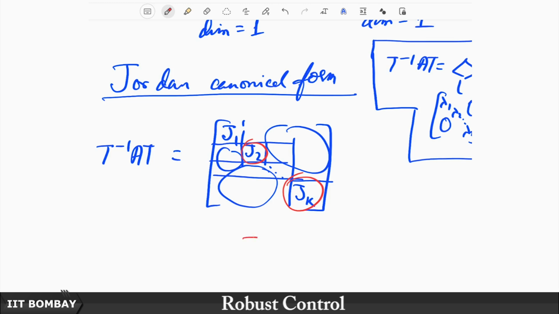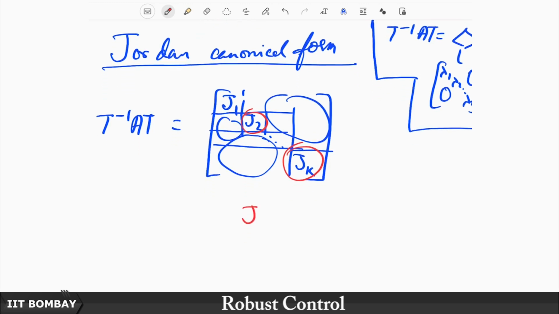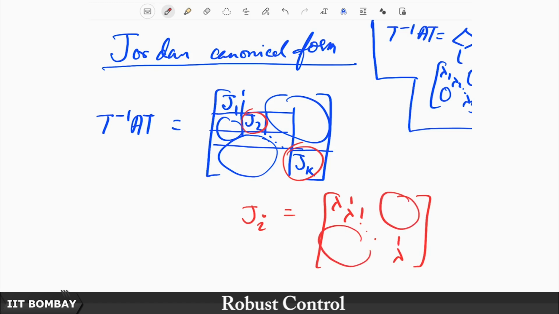So, each of these individual blocks, the Jordan block, let us say Ji, looks something like this: lambda, lambda, dot dot dot, till lambda, yeah. And then the super diagonal has 1, 1, 1, and everything else is 0.